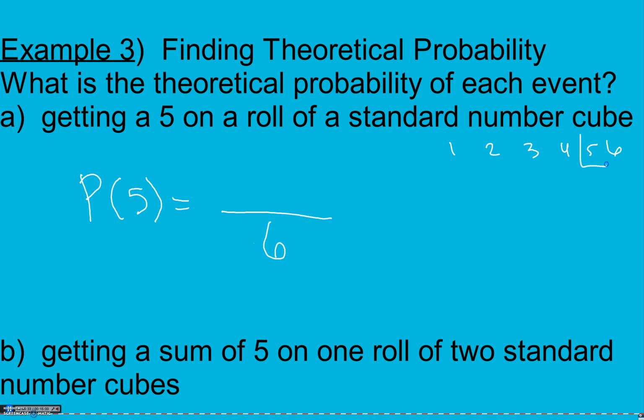The amount of times it could be a 5 is once, so 1/6. Okay, we could write that as a decimal or as a percent, but we don't need to. We can keep it as 1 out of 6.